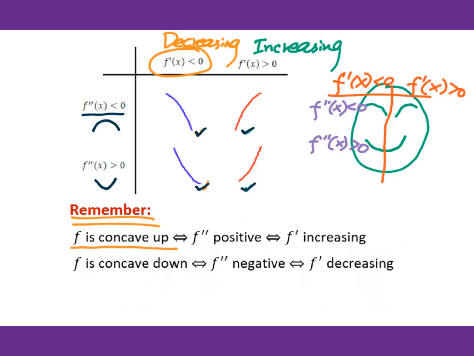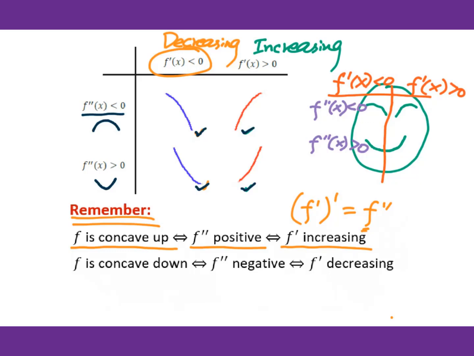When f is concave up, the second derivative is positive, and the first derivative is increasing. Because when we take the derivative of the first derivative, we get the second derivative. Therefore, the slope of the tangent line of the first derivative is the second derivative.